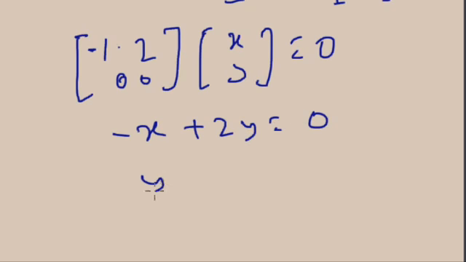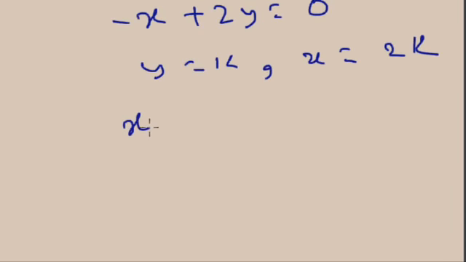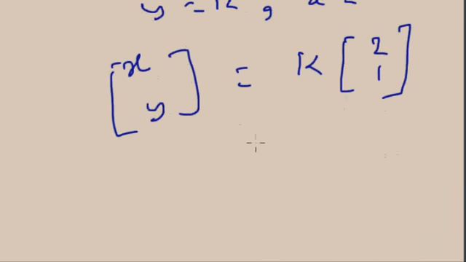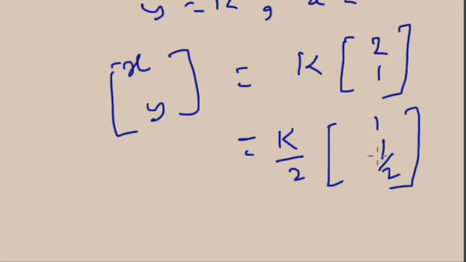So if y is equal to k, x will be 2k. So x, y will be equal to k times 2, 1. So 2, 1 is the vector form, equal to 2k into 1 by 2, 1. So this is the format. This vector is the second vector.